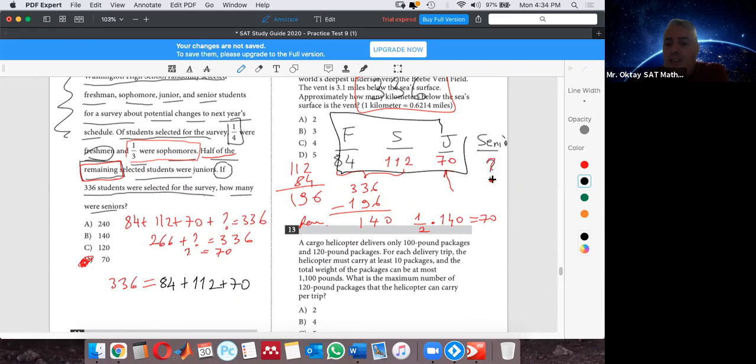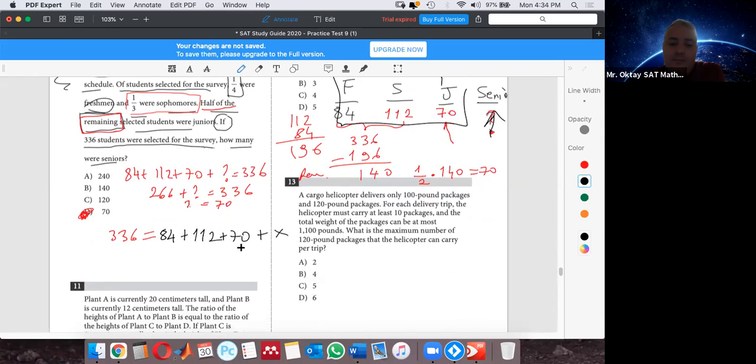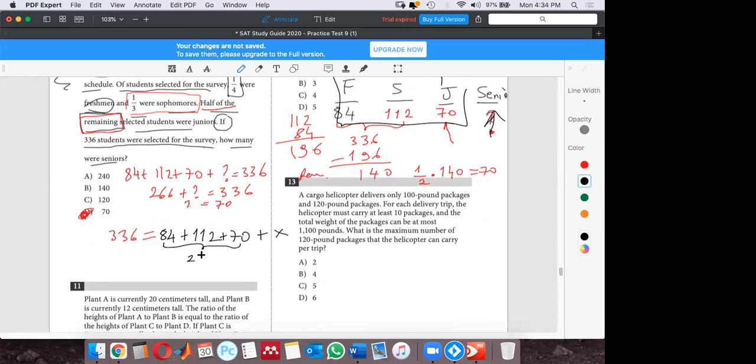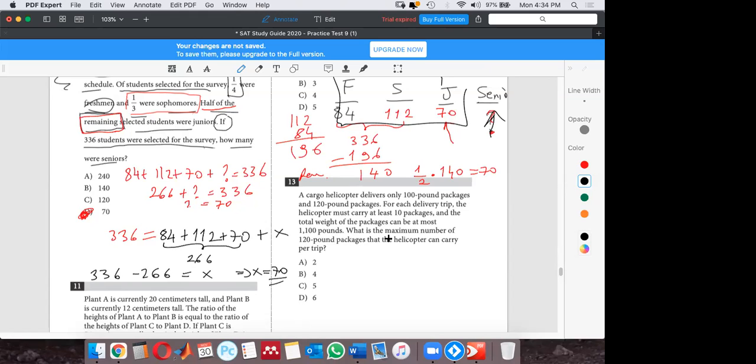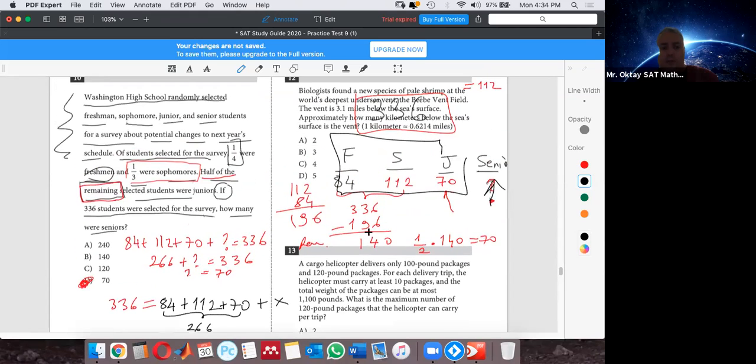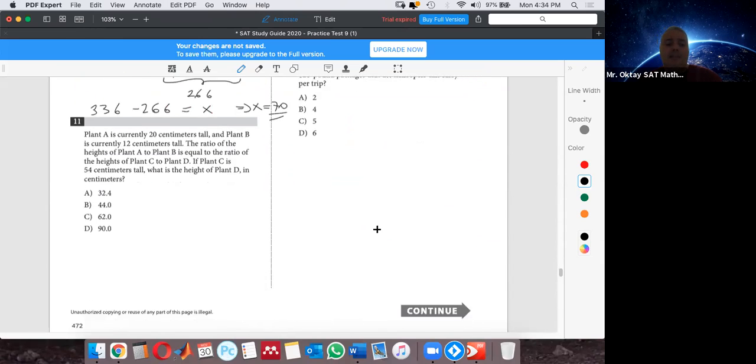So the question is how many for the fourth group? So let's call this X. So how can you find X? You add them all and subtract, right? Got it. Understood. Bravo.